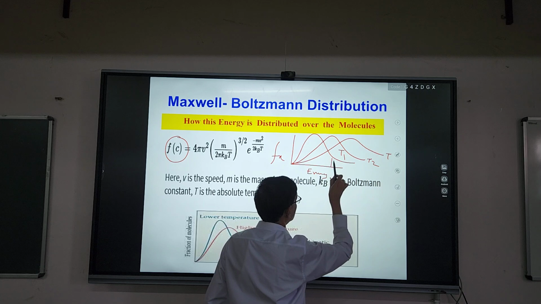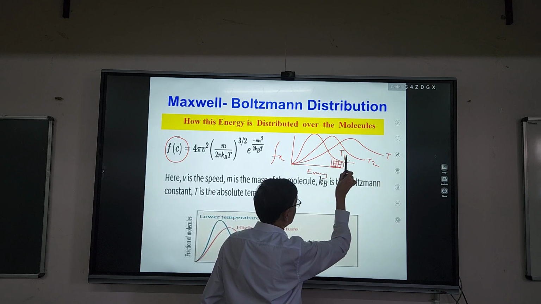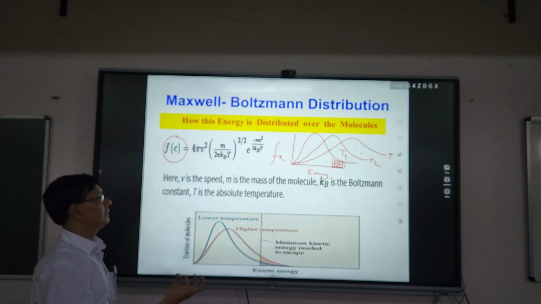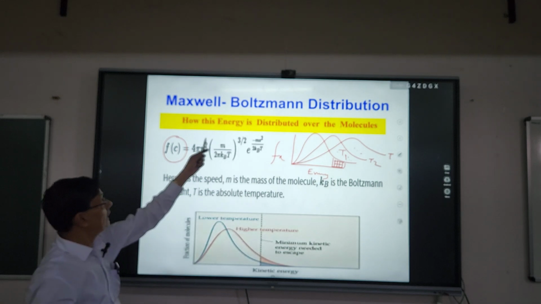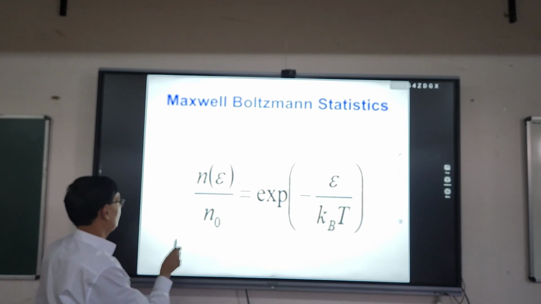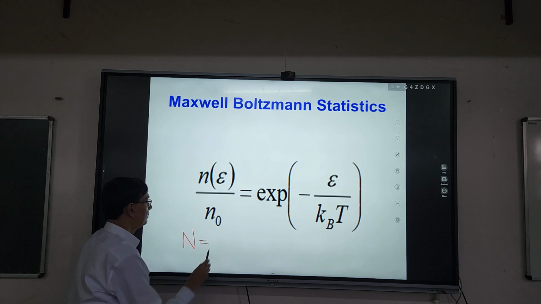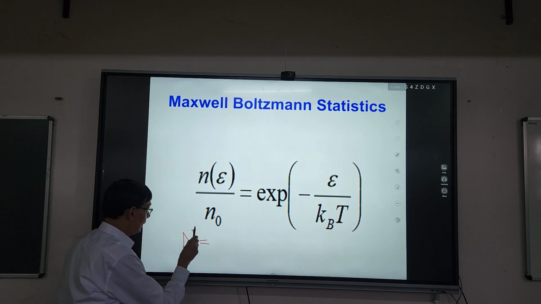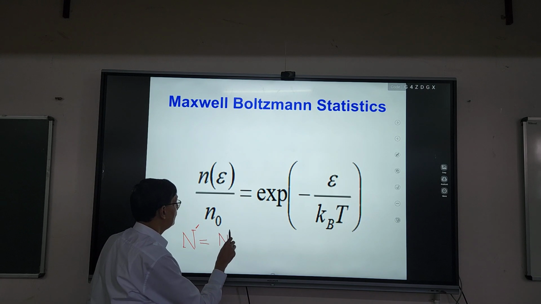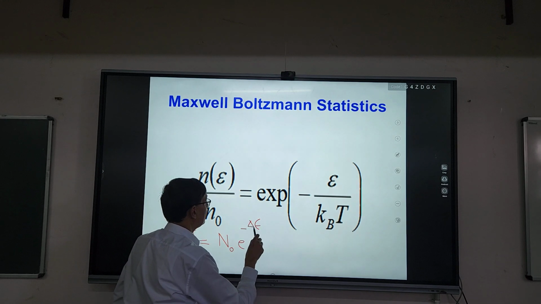So the number of molecules having energy greater than threshold energy at T2 will increase, at T3 will increase. So this is the reason for this explanation: how this energy is distributed over the molecules. And this is the last point. You can use the capital N also. N means actual molecules excited is equal to N0 exponential minus delta E upon kBT.